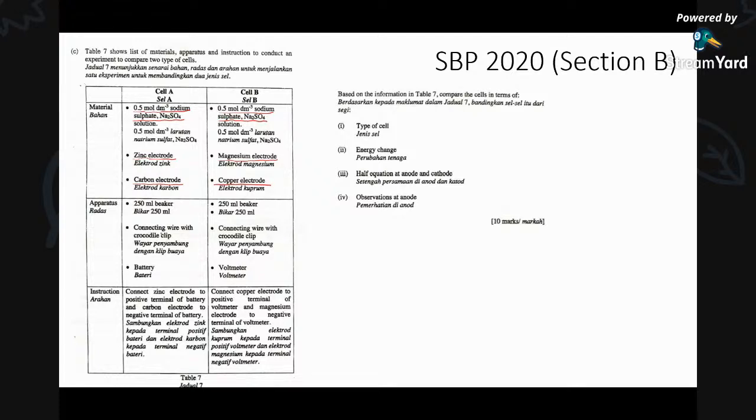Cell A has a beaker and a battery, which is something different, and then cell B uses a voltmeter. Very clear, for electrolysis they will use inert electrodes. But sometimes the question can come out like this: one uses carbon electrode and another one is also an inert electrode. So this is the inert electrode.